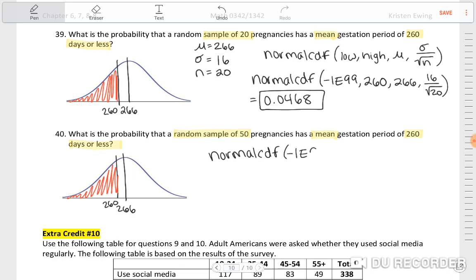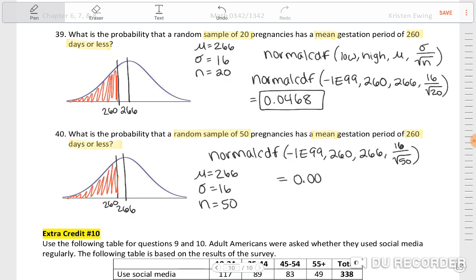Negative infinity, 260, mean is 266, and then here we would have 16 over the square root of 50 this time. So let me write my stuff here. N would be 50. Okay, so then when we solve that one, we would get 0.0040.